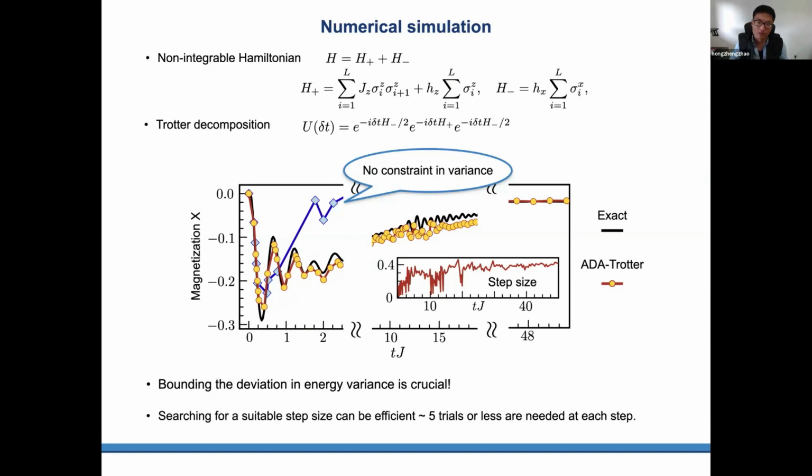I also want to mention one technical point: when we search for a suitable step size, this process can be very efficient. We do not need a very complicated classical optimization algorithm. We just do a few trials, like 5 or even fewer trials of step sizes, and then we can determine a suitable step size to propagate the state.